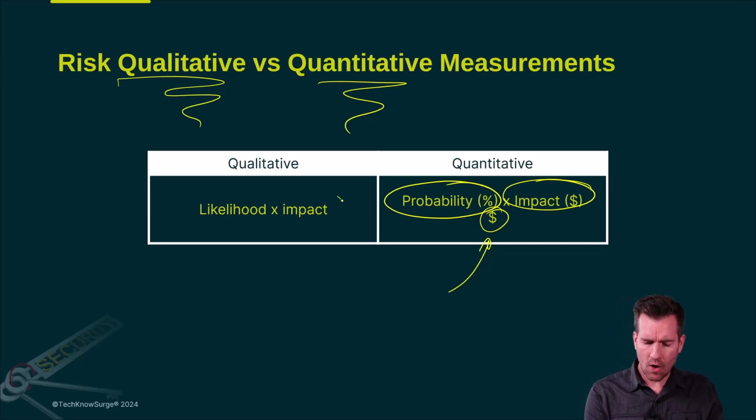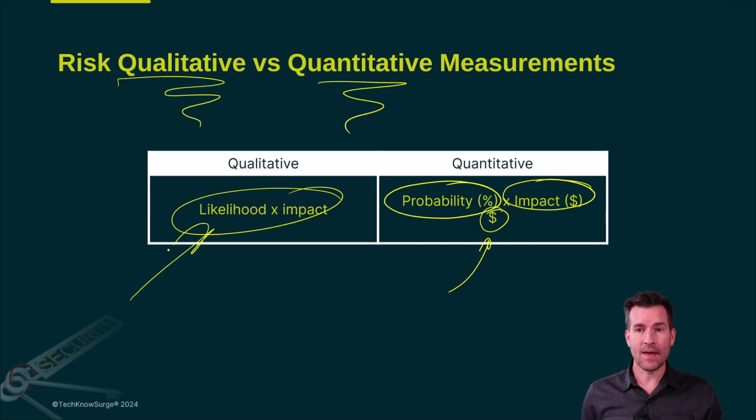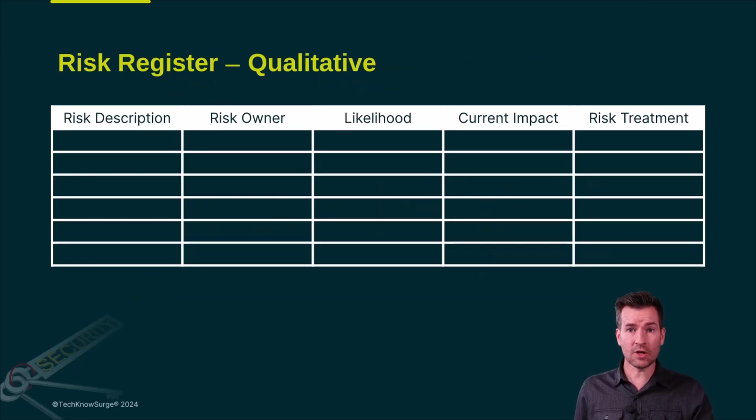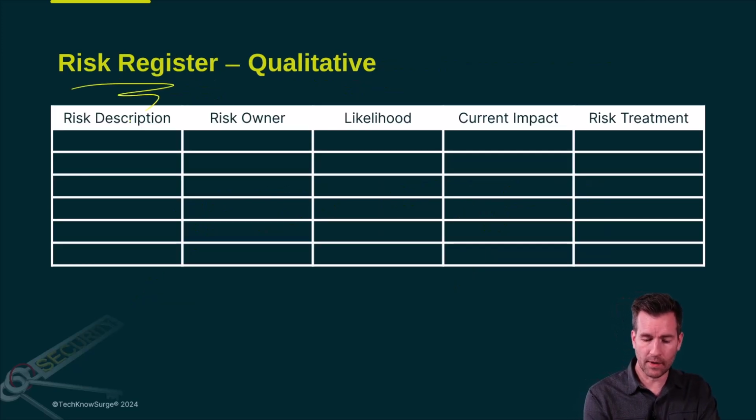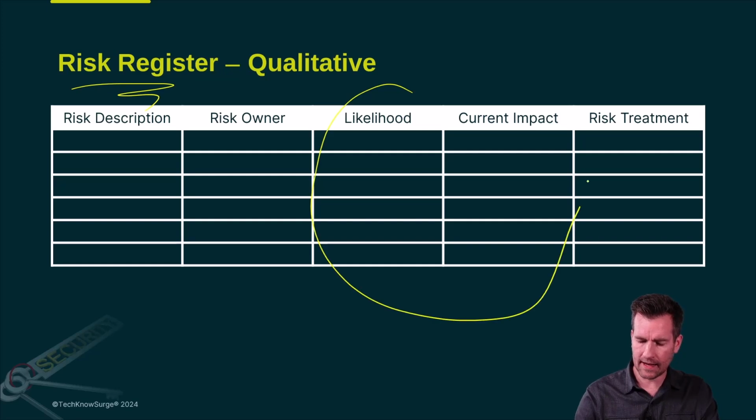Versus qualitative, where we look at likelihood times impact. They're not really dealing with numbers, but we're rating. We're going through a rating process of what is the likelihood that something's going to happen, or what is the impact. And this could go into our risk register. So in this case, we have the likelihood and the impact, where we would put in maybe the likelihood is high, but the impact might be low.